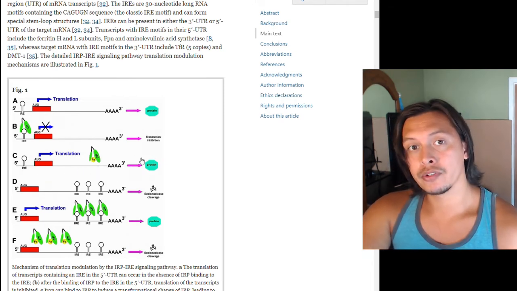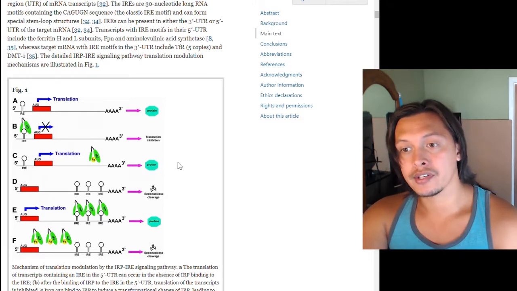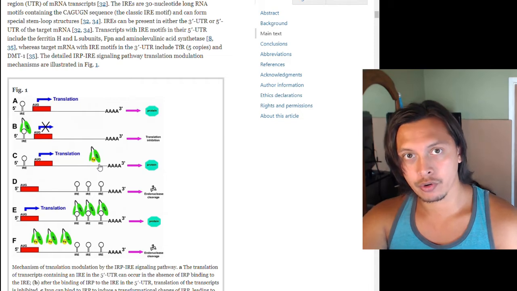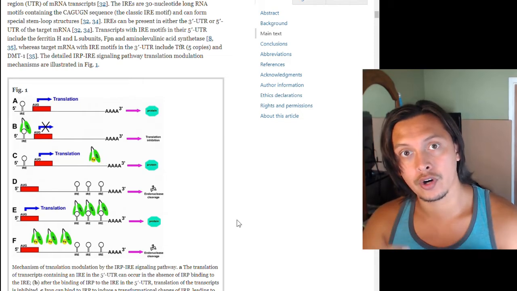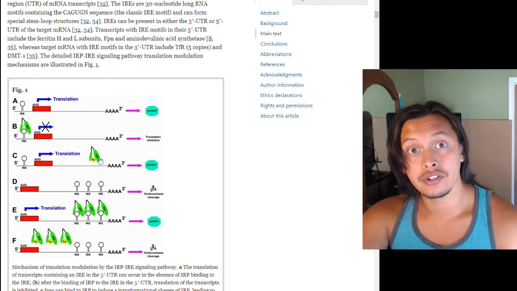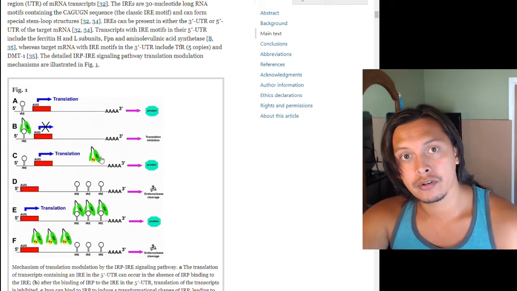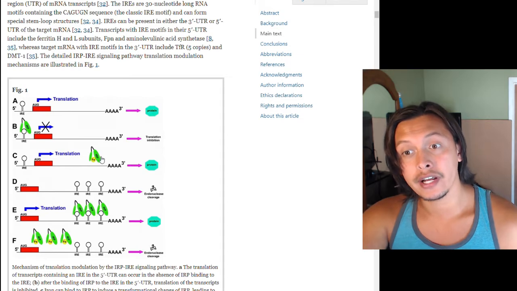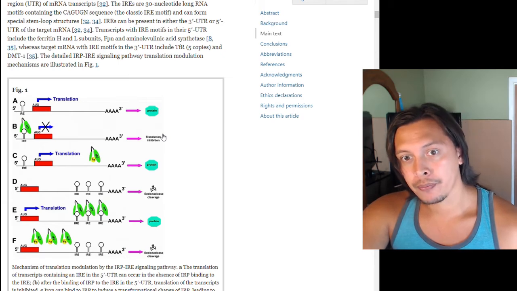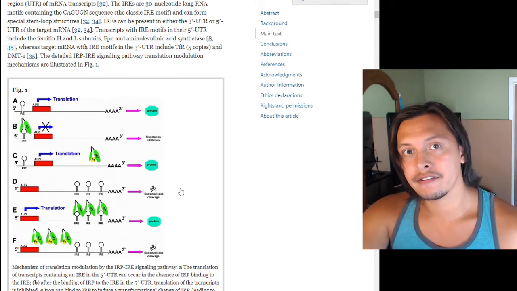What ferritin will do, after it's synthesized, is take some of these irons off of the iron regulatory protein and sequester them inside its iron core. And by sequestering the iron into the ferritin, the iron regulatory protein is now free again to bind to the iron response elements and inhibit the production of more ferritin. Okay, so that would be a negative feedback loop.